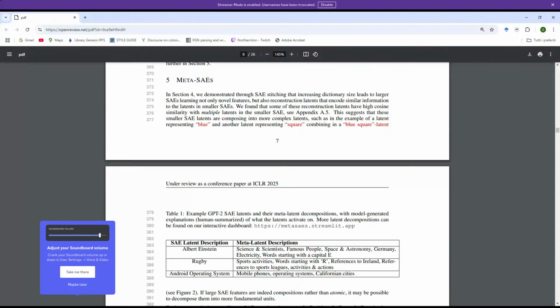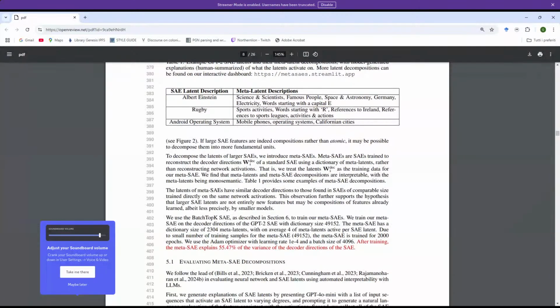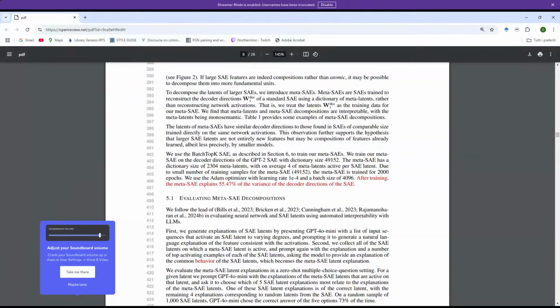And do we know if they do that for all the decoder directions, or if they pick ones that seem interesting? Because it seems like too much to train one meta SAE for each direction. I think they train a single meta SAE on all directions.